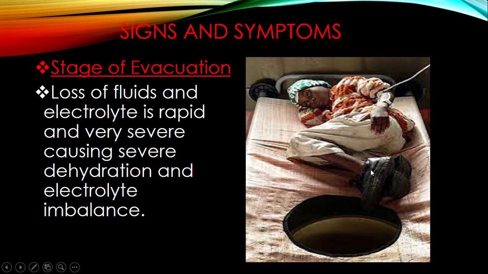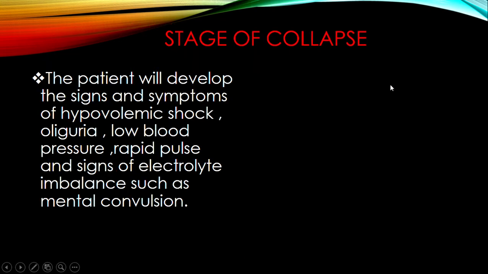So the patient is unable to hold the pressure of the diarrhea, so they have to be nursed on a bed which looks like this one. And of course the intravenous fluids, which are a major part of the management, is connected. So this patient is even receiving IV fluids.